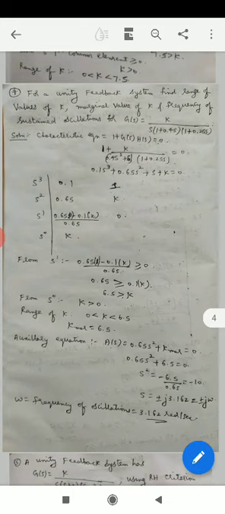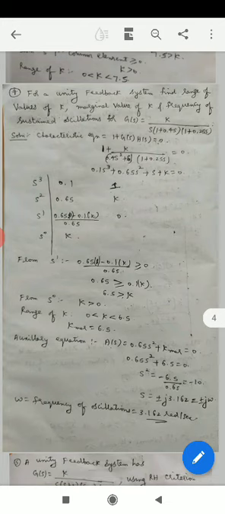And here the frequency of sustained oscillations is asked. For that you have to consider the auxiliary equation. The auxiliary equation is nothing but the s power 2 row, which you have to write again. So the s power 2 row gives 0.65 s square plus k marginal equal to 0.